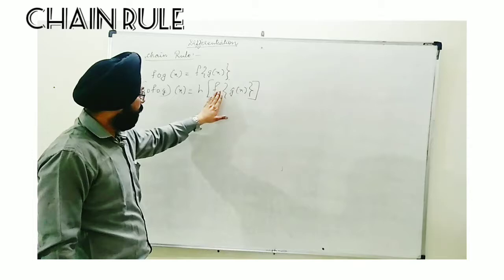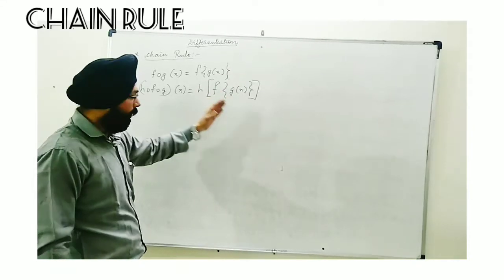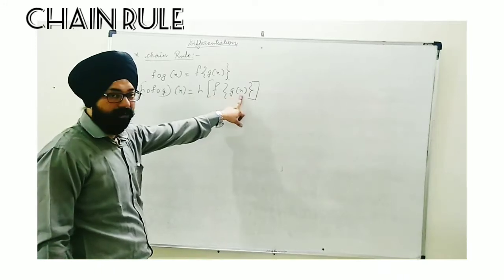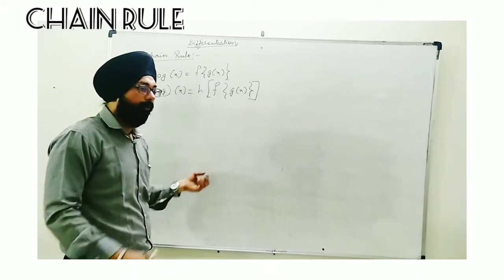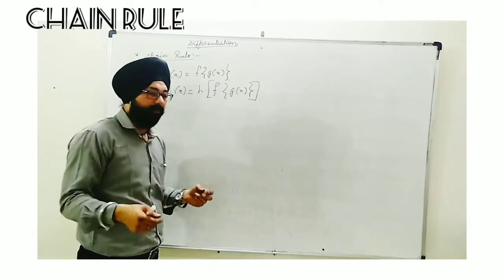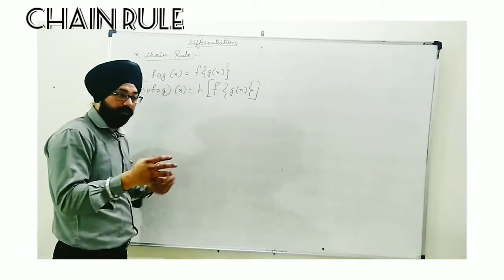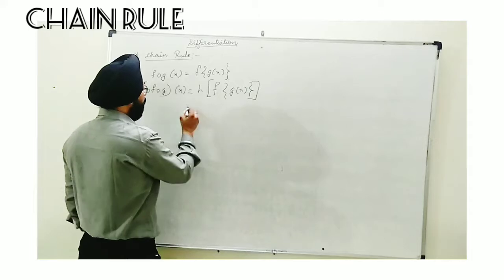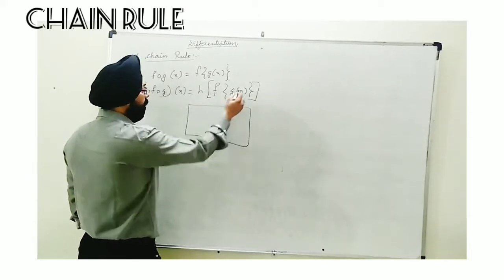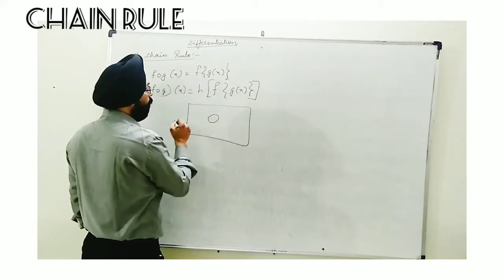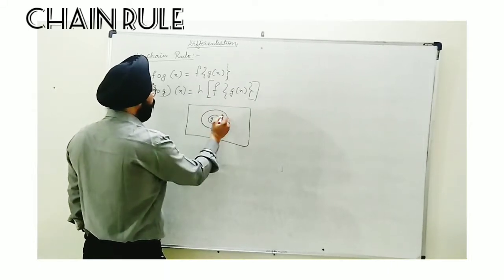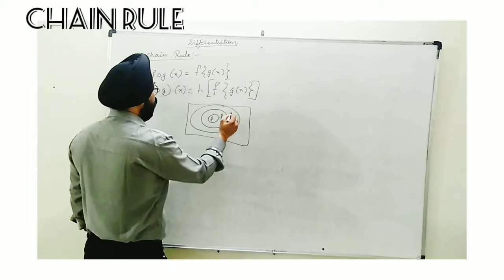Core function, then as we go outermost function, this will be the surface function. Then this is the innermost function. This can be compared, not exactly, to a Venn diagram, if you have seen the concept of sets, Venn diagram. If I draw, then I find gx is innermost. This is g, outer is f, and outside is h.